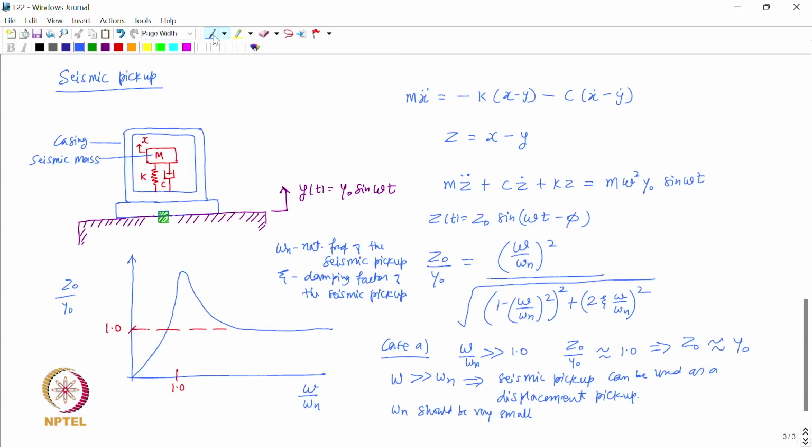let us look at another case, case B, let us call it, where now omega upon omega n is much less than 1, which basically means that omega is much less than omega n.